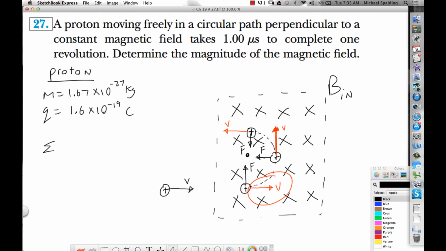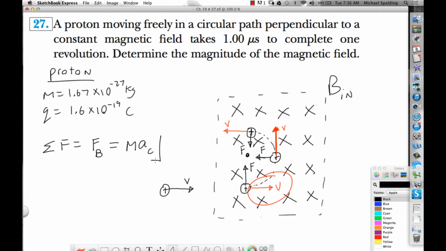So when you sum the forces for this proton, what's the only force acting on the proton? It's the force of the magnetic field, which we can label F_B, B for magnetic field. What is the sum of the forces equal to? m a. This is a special a, because it's centripetal.